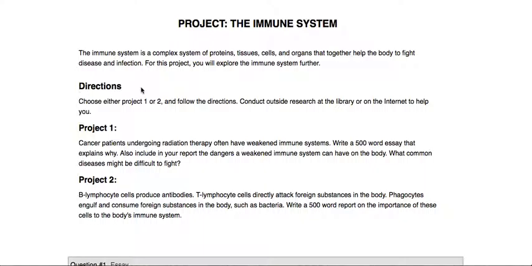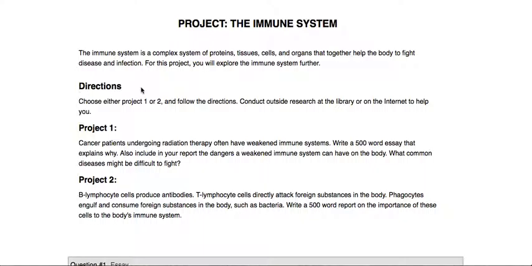So the project is having you take a cursory look at immunity as a whole. The project asks you to choose one or the other in terms of a prompt, and conduct research outside of your lesson, whether on the internet, to help you craft an essay.